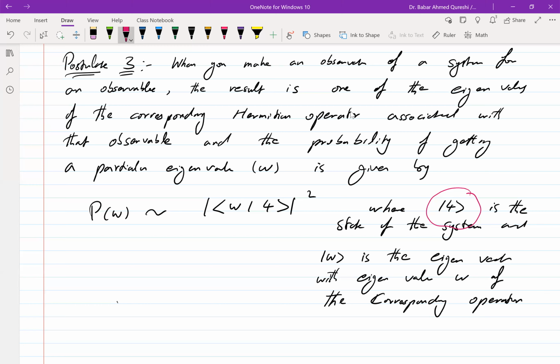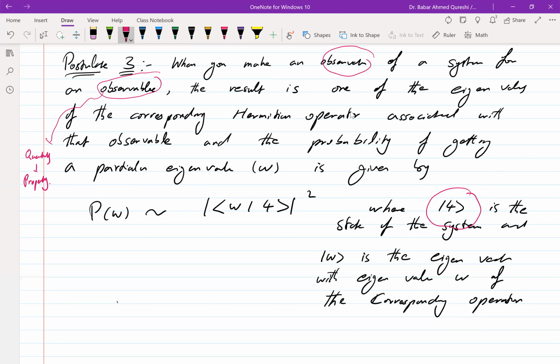So it's living in a state psi, and you make some observation of some quantity. Observable in common language should be called a quantity or a property, like position, momentum, color, or anything.